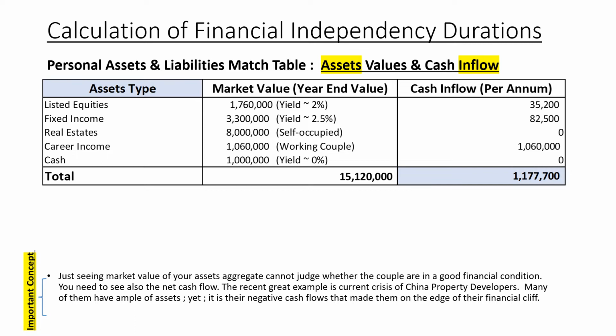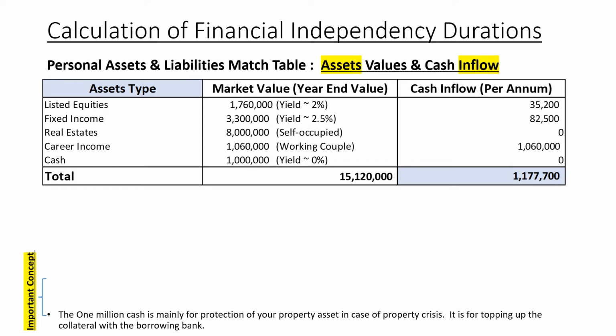We have to emphasize that positive cash inflow is important in order to make the net cash flow positive. So $1 million cash is already taken into consideration if the property price declines 25% and the bank asks you to top up the collateral.